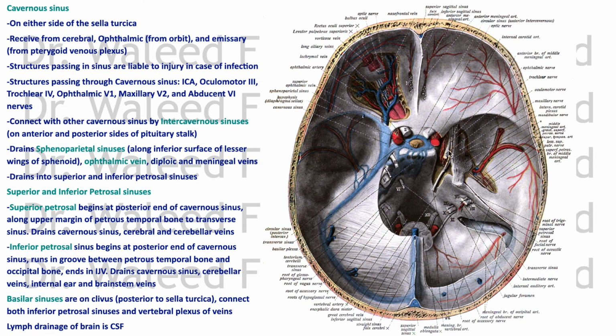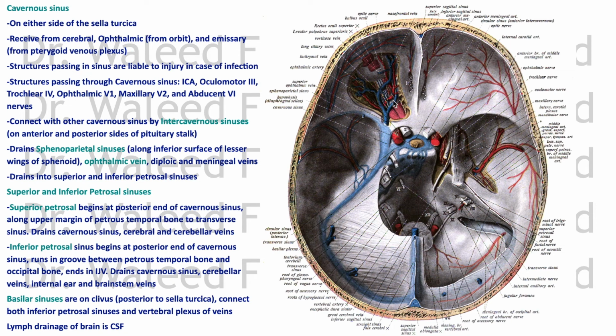So see how many structures in this tight place. A major artery, and the 3, 4, 5, 5, 6 nerves. Okay? So imagine the devastating effect of spread of infection to this sinus, called cavernous sinus thrombosis.